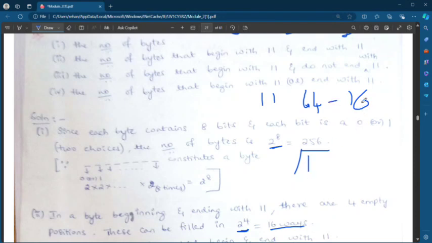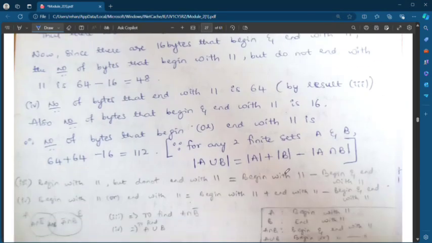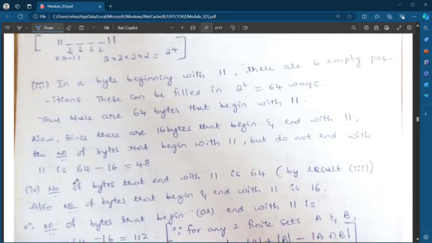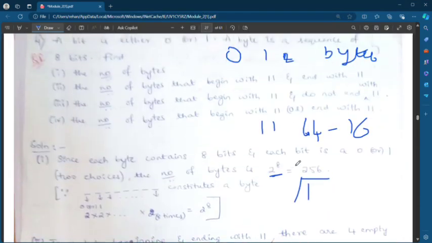So if I subtract those which end with 1 1, I'll just subtract 64 and 16. That's what they are doing here. 64 minus 16 is equal to 48.